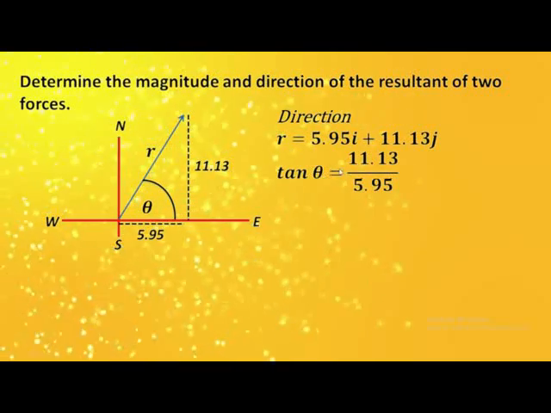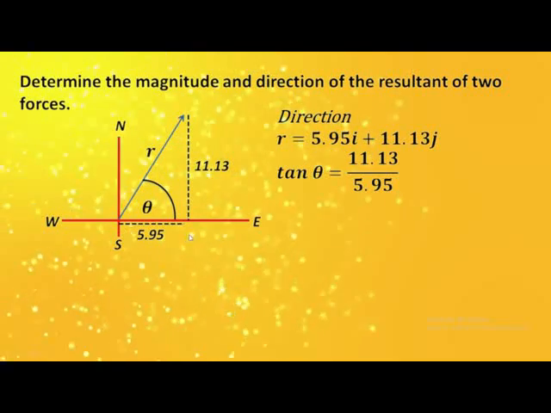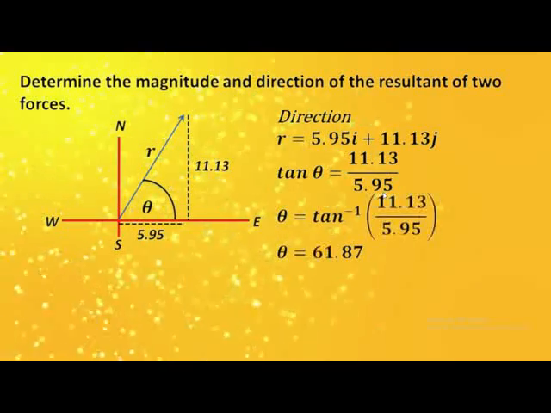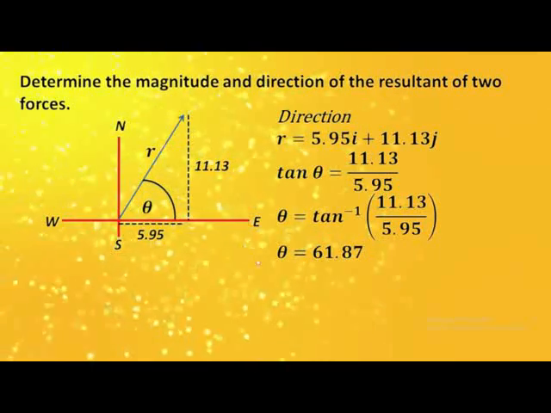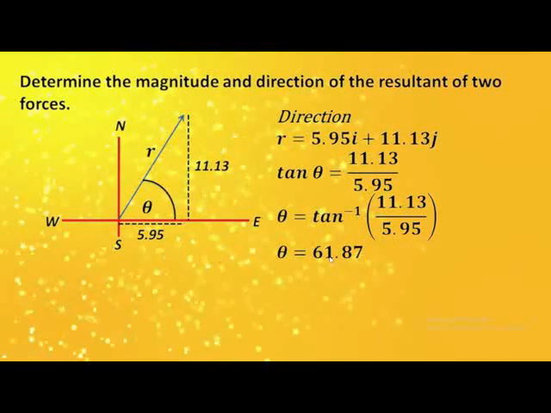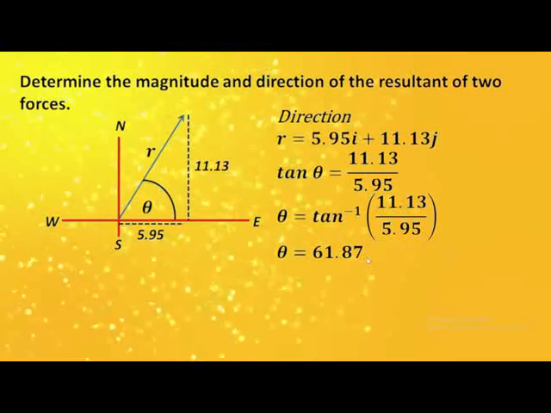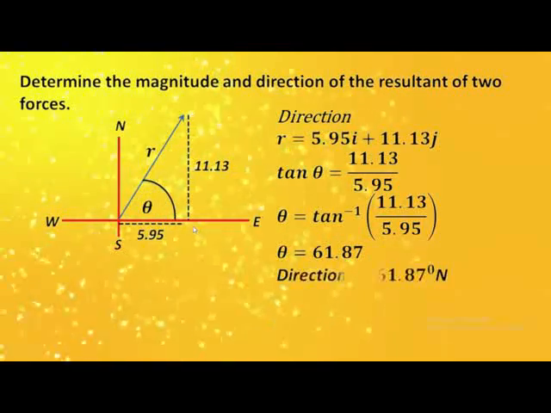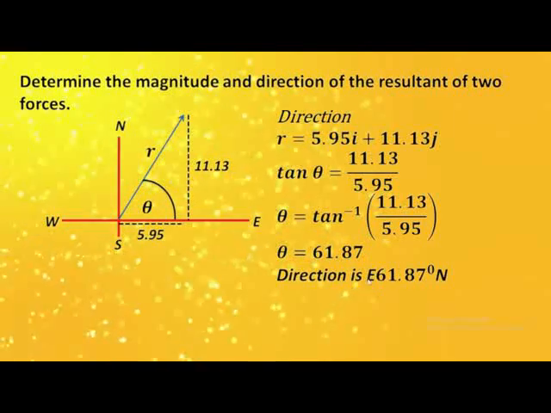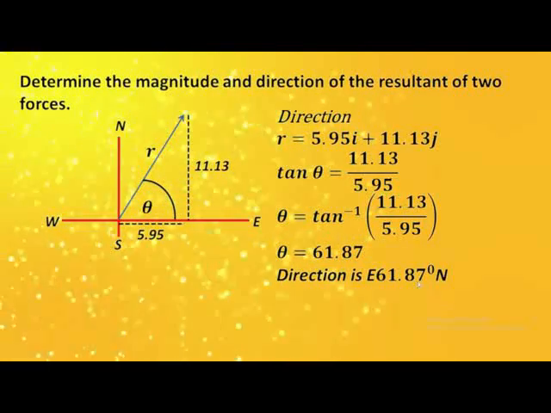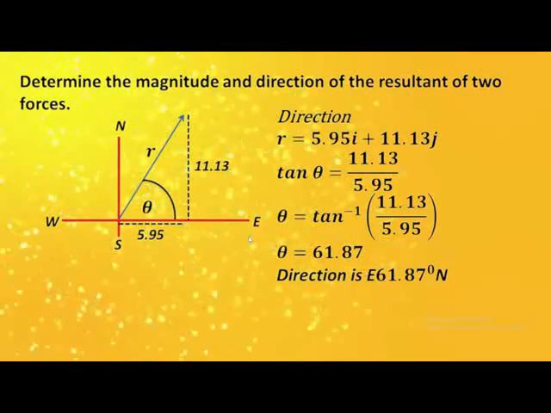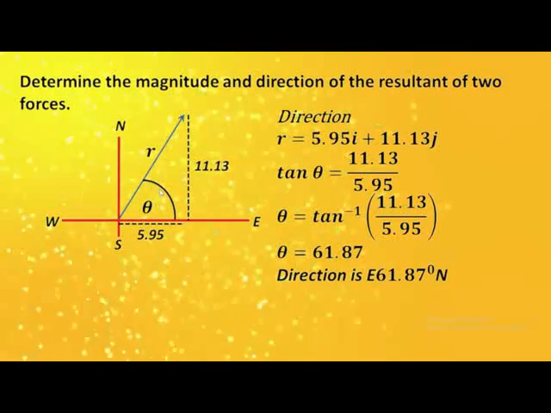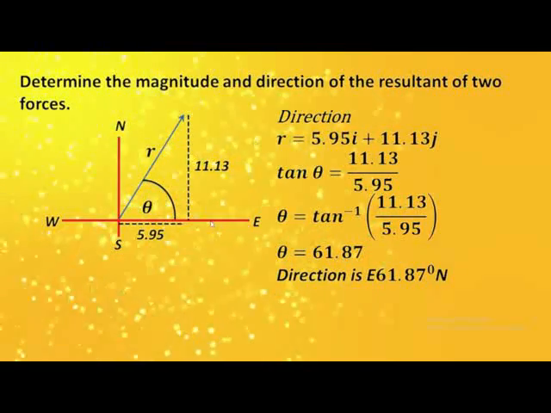Tan theta equals opposite per adjacent, 11.13 per 5.95. So with your calculator you can check that theta equals 61.87 degrees. So this is 61.87 degrees, and the direction of this vector is 61.87 degrees from east to the north. As you can see, this is from east to the north, so it is 61.87 degrees from east to the north.